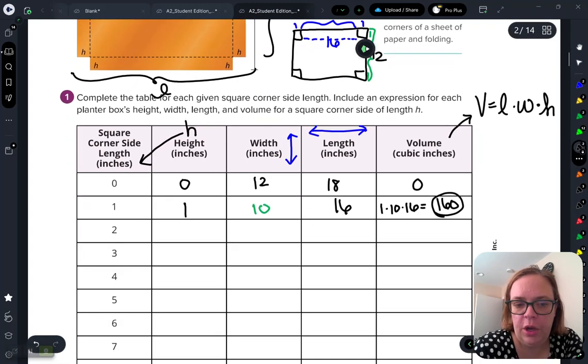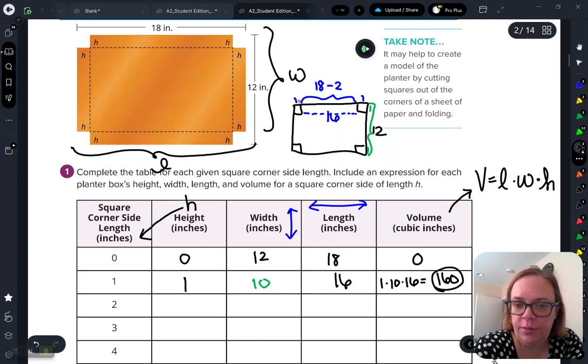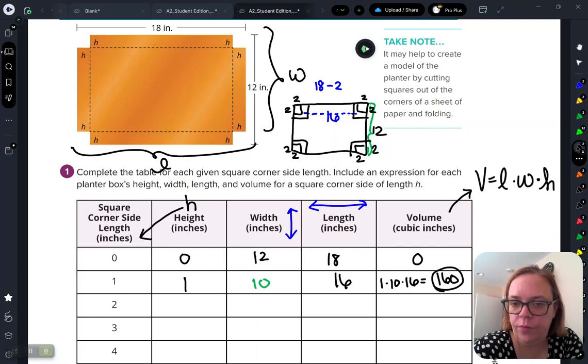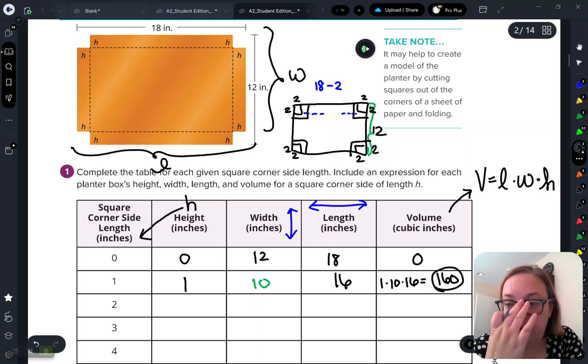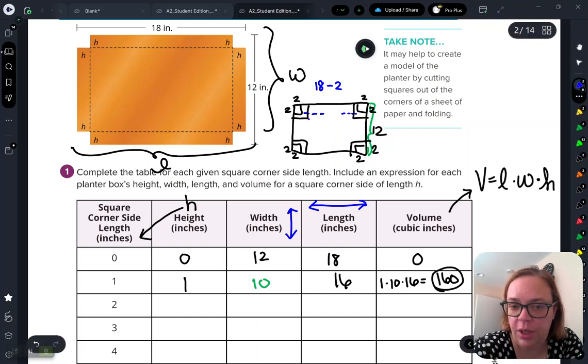Okay. So let's make it 2 inches. So all these little squares are 2 by 2, so they're a little bigger. So that's going to change this dimension. It's going to be from here to here. We have to cut off the 2 from the 18 on each side.